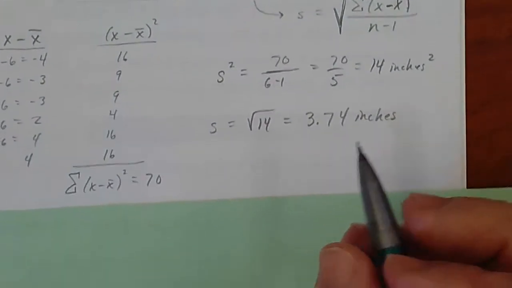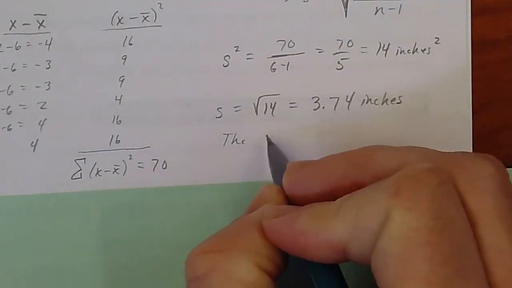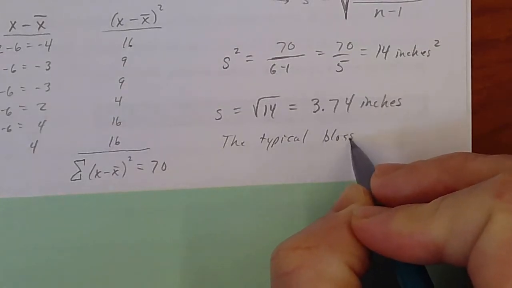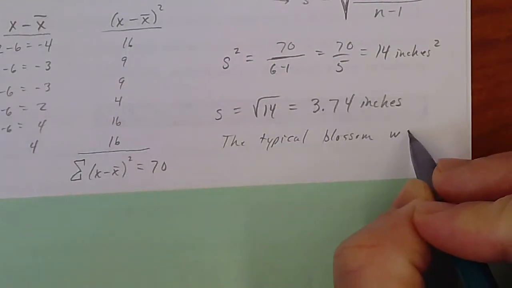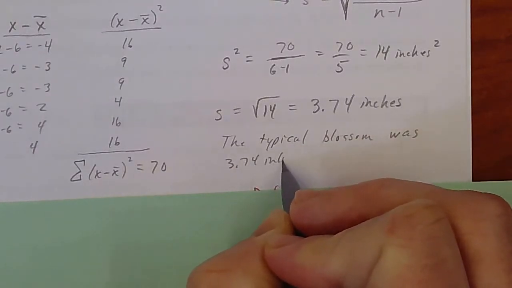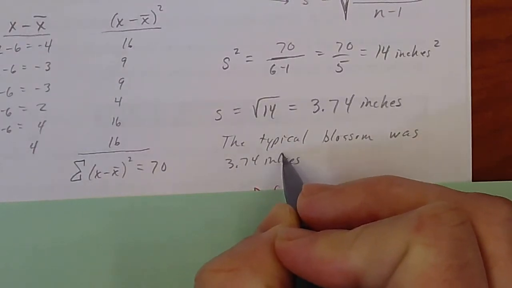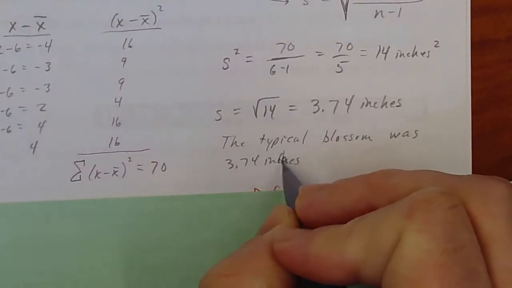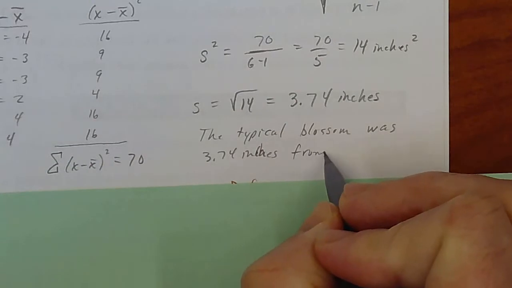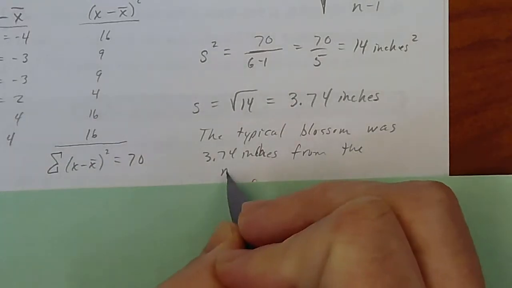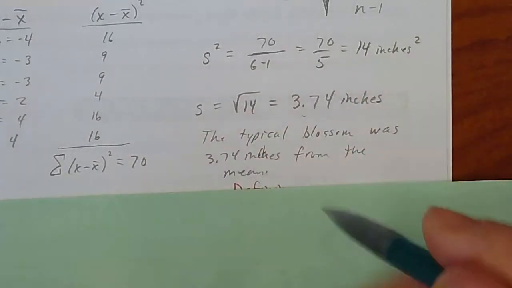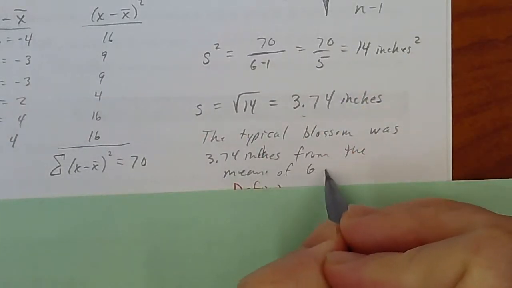So let's write that down. The typical blossom was 3.74 inches from the mean of 6 inches.